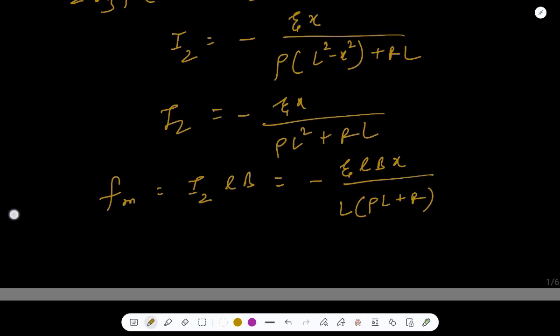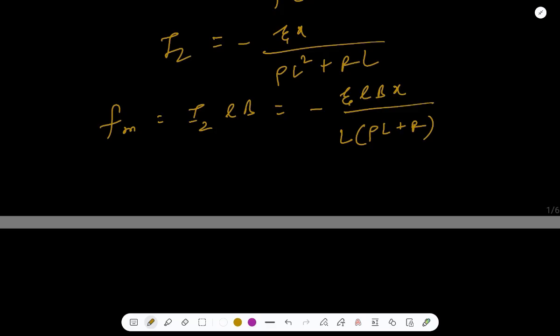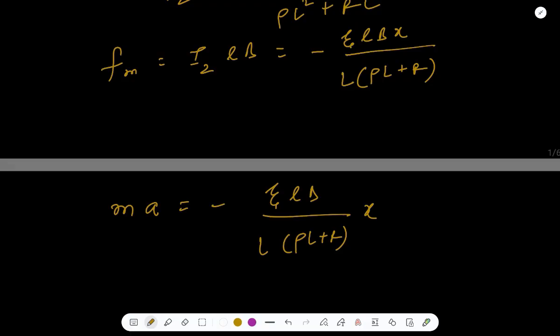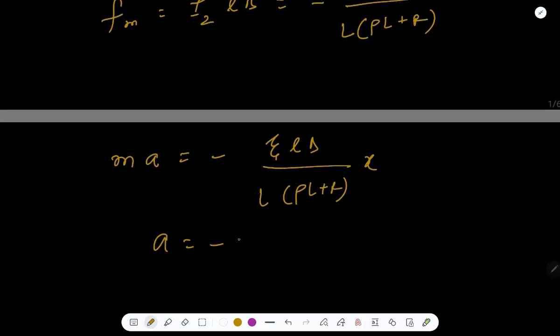The equation of motion of the jumper we can write as mass times acceleration equal to minus E L B upon L rho L plus R multiplied by X. And from here you can compare it with the equation a equals minus omega naught square X, or omega square, whatever you like to write.